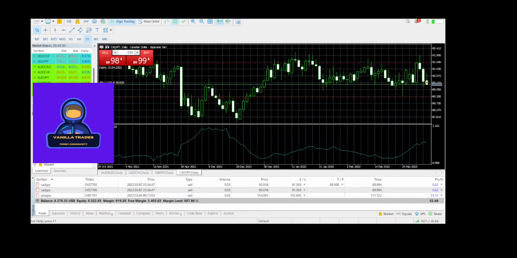I think VP says to go back 3 years for back testing, but let's see how far we want to go back. 2021, 2020. It's already 2022, right? 2019. 2022.